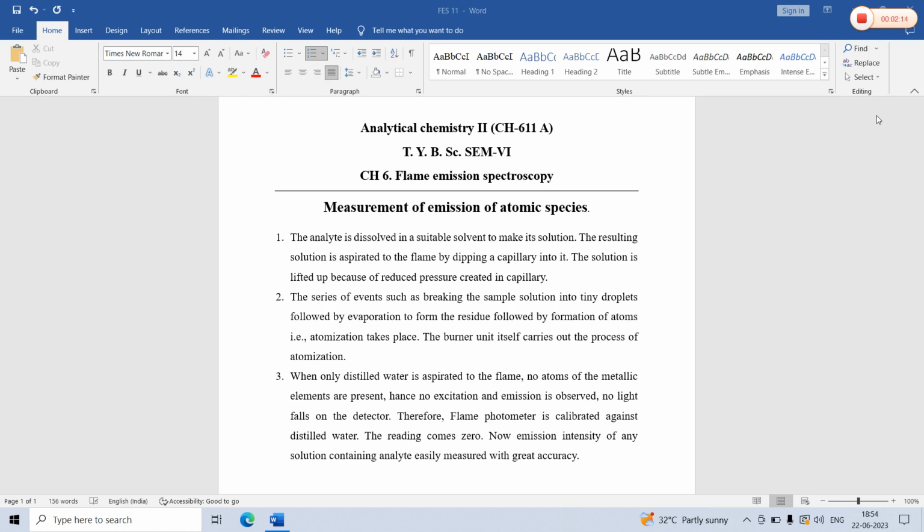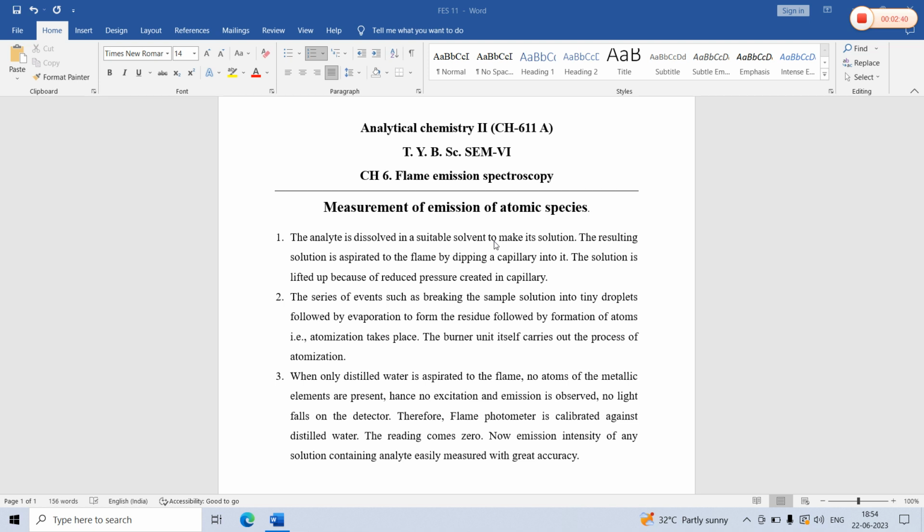Here the first point is that the analyte is dissolved in a suitable solvent to make its solution. Generally, if we have to analyze calcium, then we dissolve the calcium in a solvent like calcium chloride.